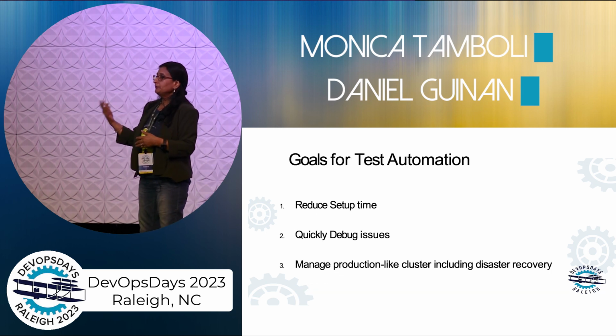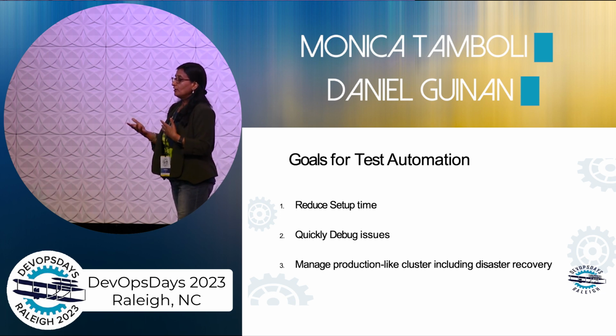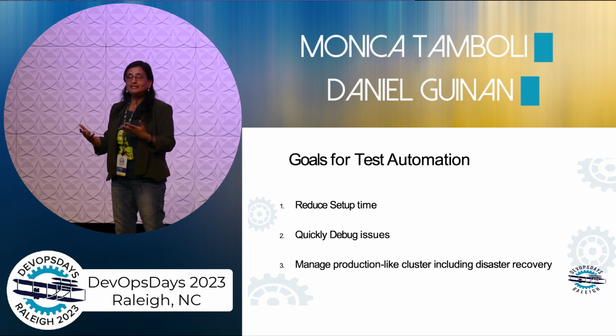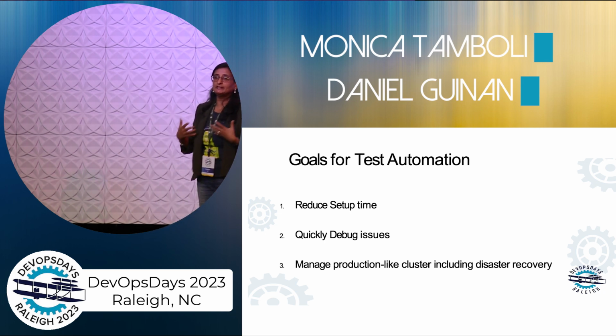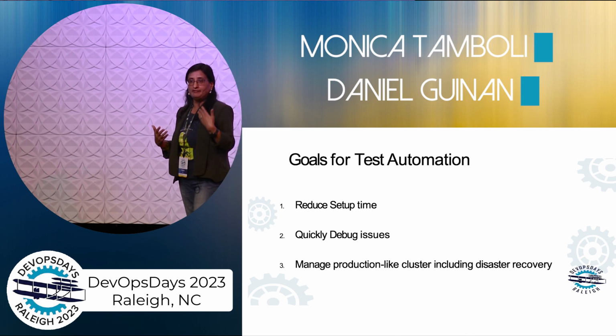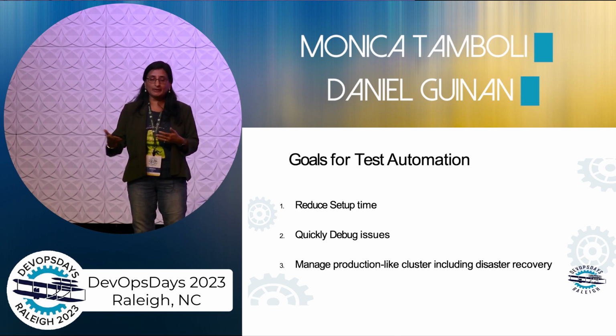So with that background, the goal for this automation was to reduce setup time for all the applications we have, quickly debug issues when they arise, and also manage this production-like cluster in cases of continuous delivery, and if something happens to that cluster, we can quickly recover it.